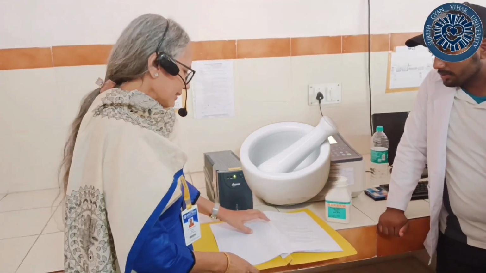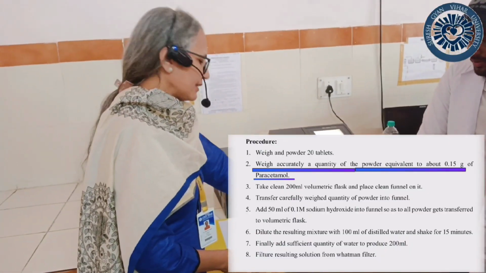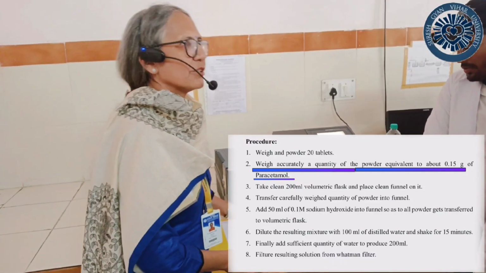One line is written in this: weigh accurately a quantity equivalent to 0.15 gram of paracetamol. This is very important, because by weighing the 20 tablets after triturating, it will give you the weight of 20 tablets. The average weight will be the weight of 1 tablet.